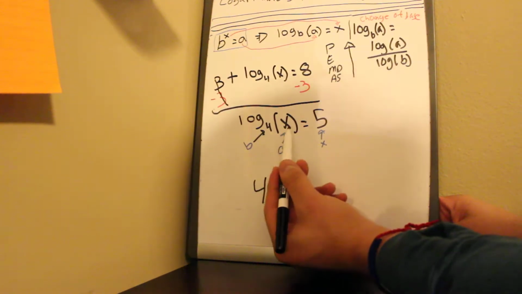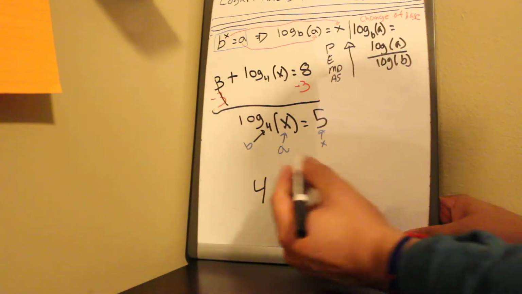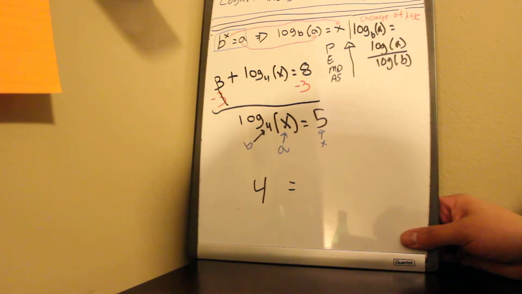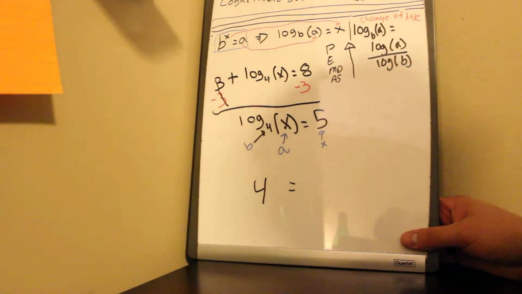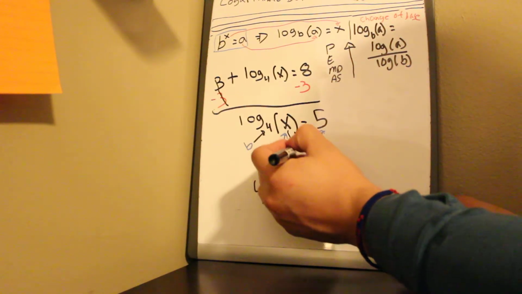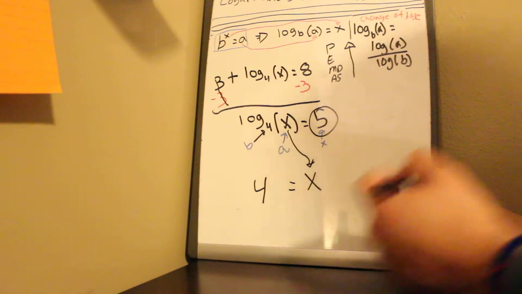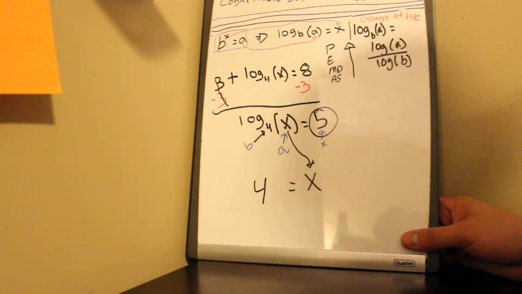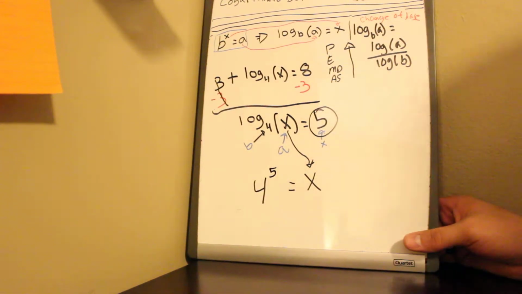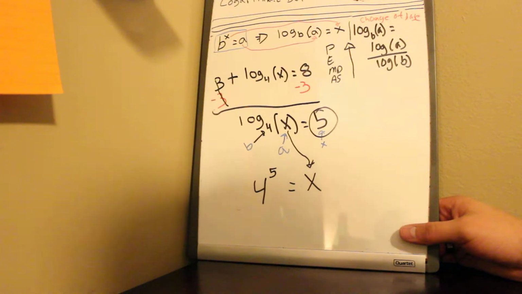So I look up here, this is my input, so I know for a fact that my input will become the output. There it goes. Input becomes our output, and then our output becomes our input.